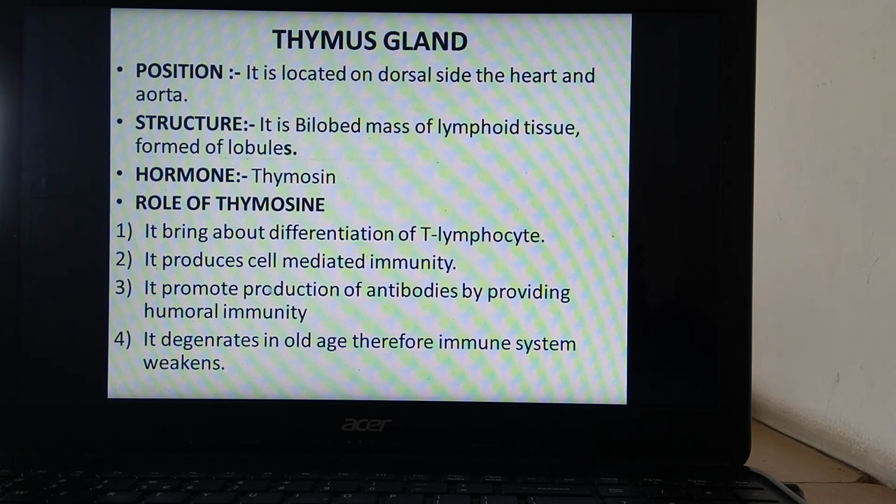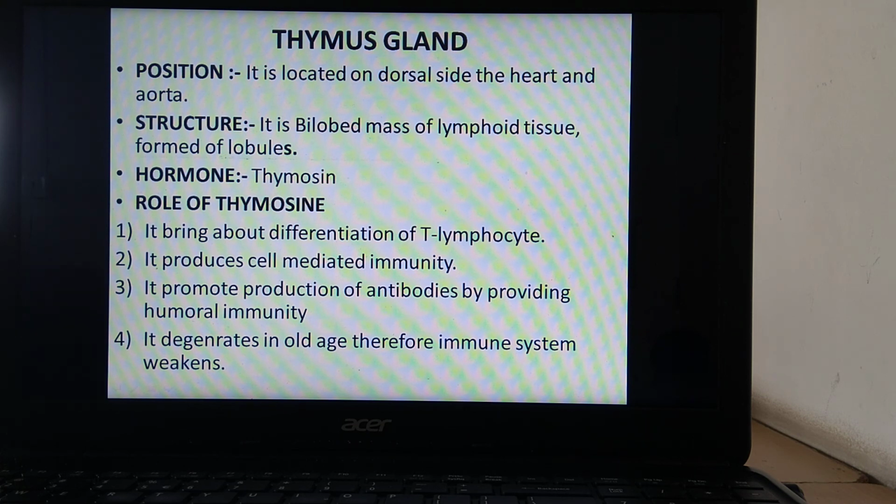Next function, it promotes production of antibodies by providing humoral immunity. If you remember, these antibodies are produced by plasma cells, and plasma cells in turn are produced by B lymphocytes. Next important characteristic feature, it degenerates in old age, therefore the immune system weakens.